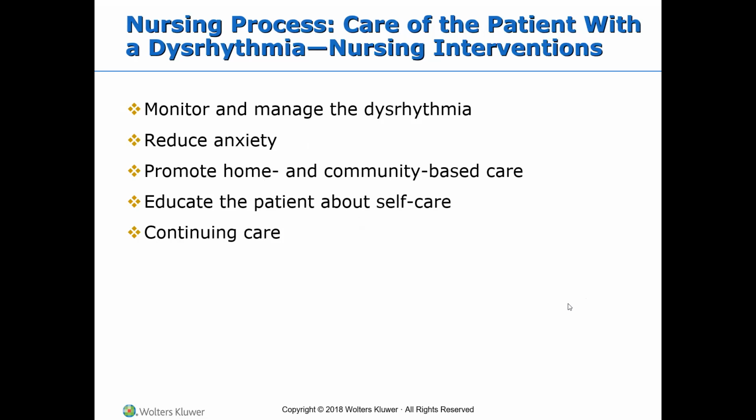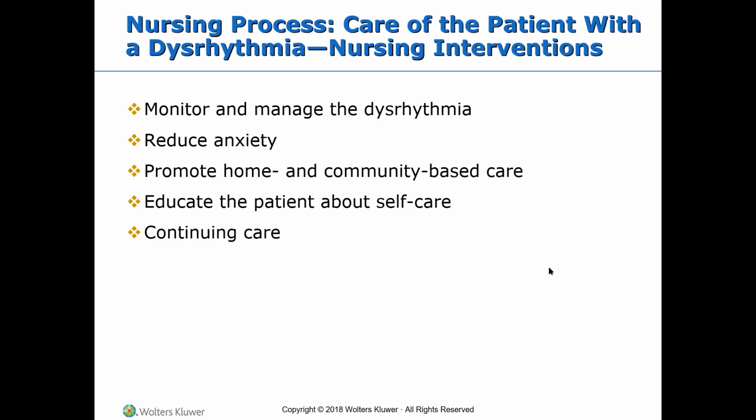So then we have nursing interventions. You're going to monitor and manage the dysrhythmia, reduce their anxiety, promote home and community-based care, and educate the patient about self-care and continuing care, especially patients who may have heart failure. Then they have to look at their diet. Can they have salt? Not have salt?